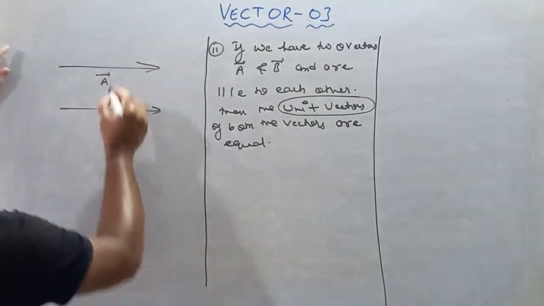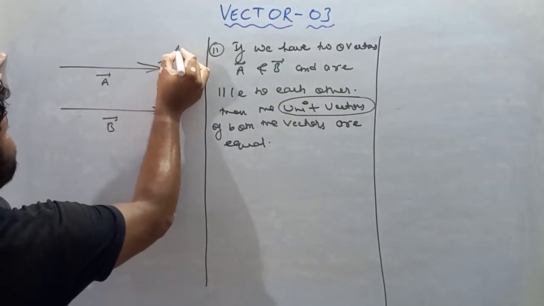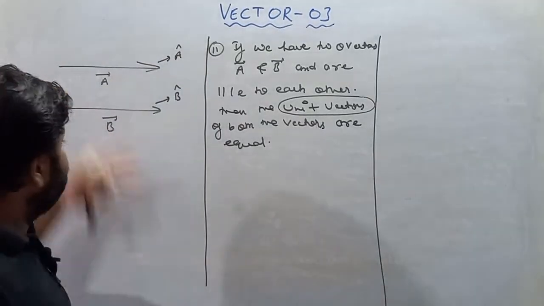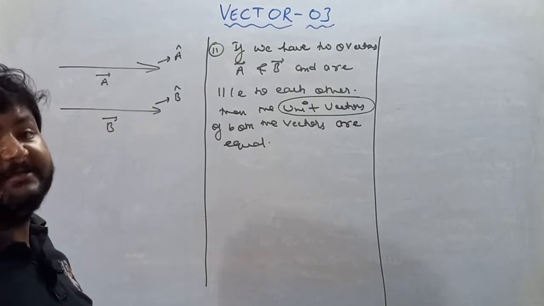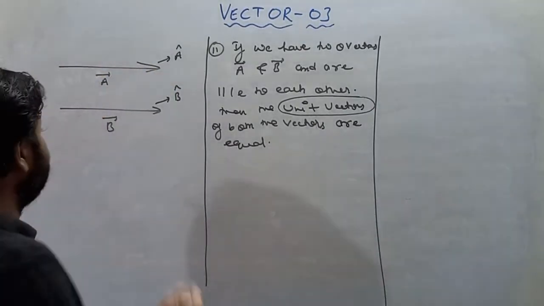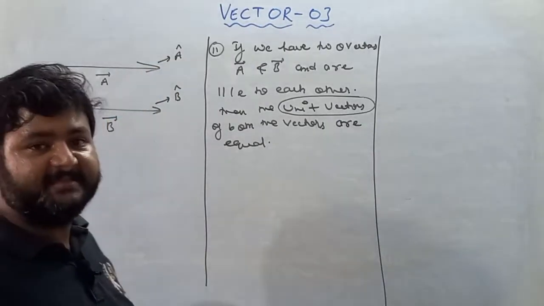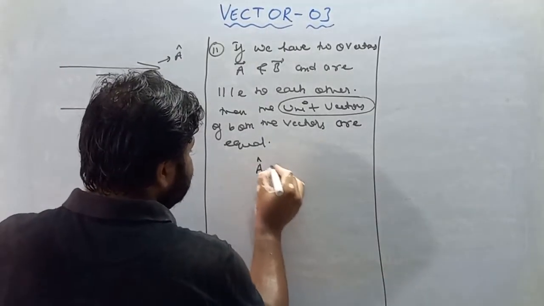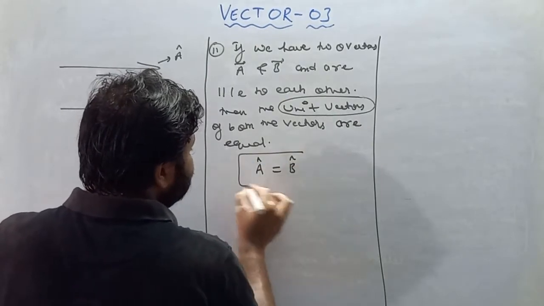So let's suppose the unit vector of A vector is A cap and the unit vector of B vector is B cap. Now see, both the vectors are parallel to each other. Their direction is the same. So if two vectors are parallel to each other, then their unit vectors are also equal. It implies A cap is equal to B cap.